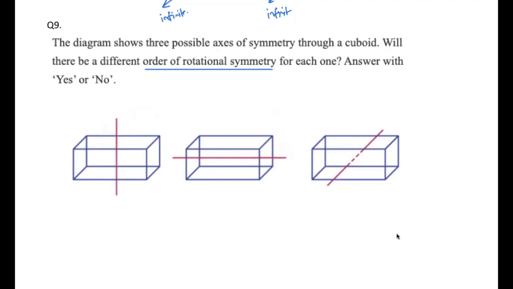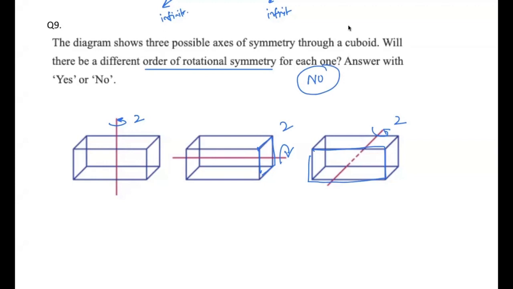Think again. 4. That's also a rectangle. The order of rotational symmetry is going to be 2. This one is also a rectangle. The order of rotational symmetry is going to be 2. Okay, so the answer is no. They don't have a different rotational symmetry. They all have the same rotational symmetry.